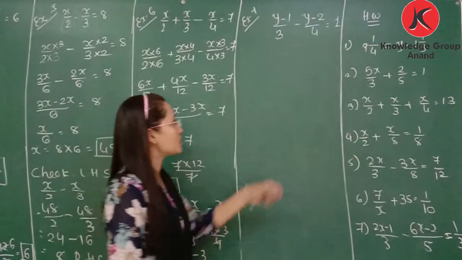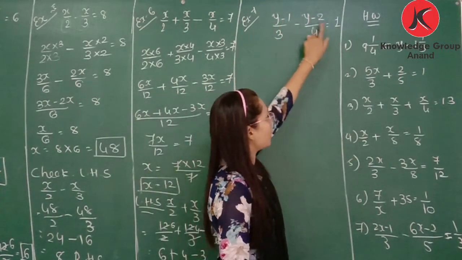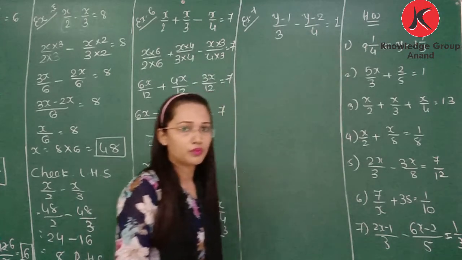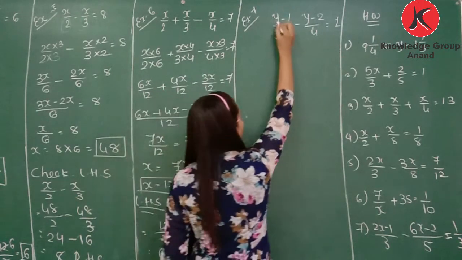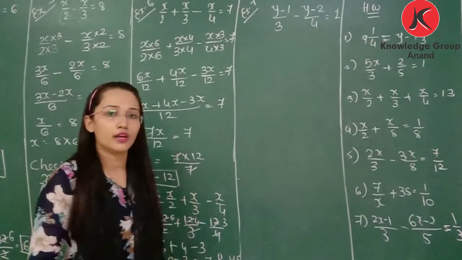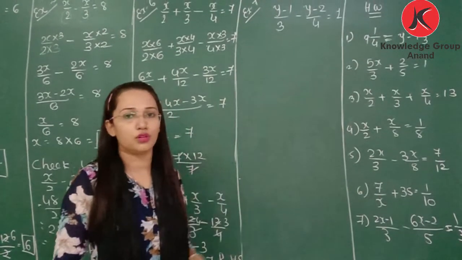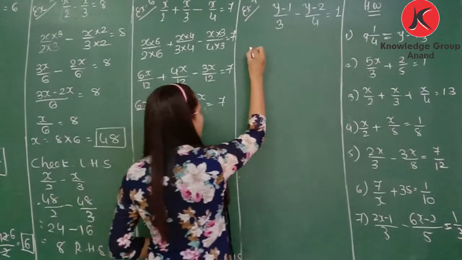Now next example 7: y minus 1 divide 3 minus y minus 2 divide 4 is equal to 1. So here you can see both terms have variable y and the denominators are 3 and 4. So first of all we will simplify the left hand side by taking the LCM of 3 and 4. So LCM is 12.